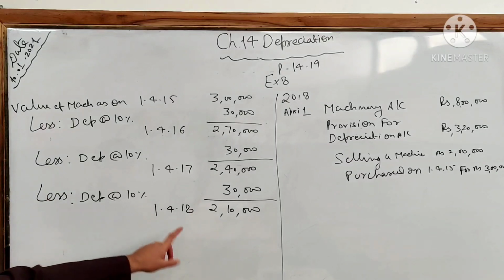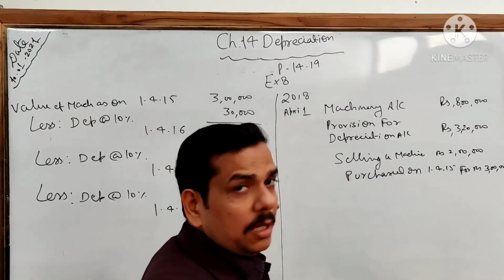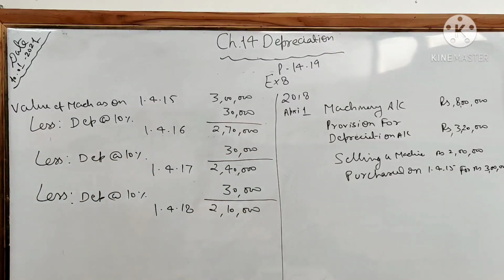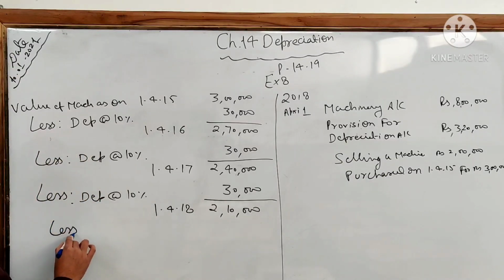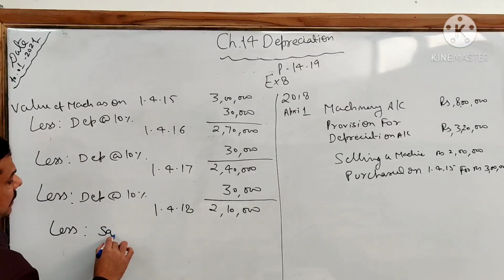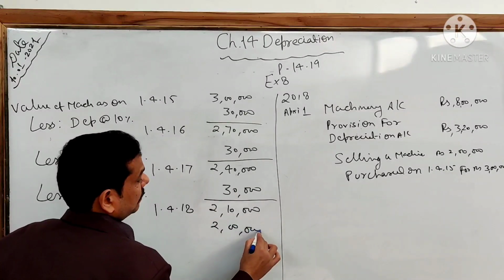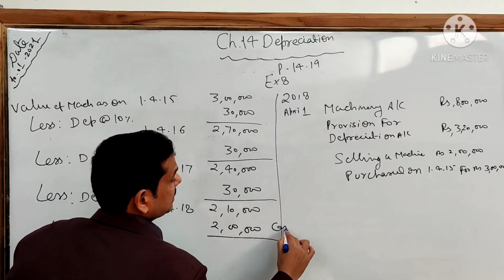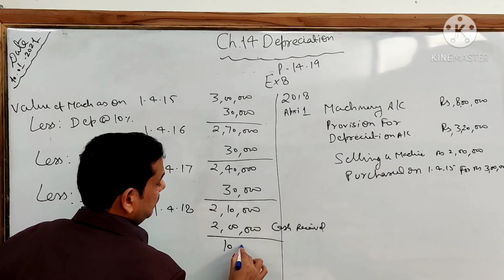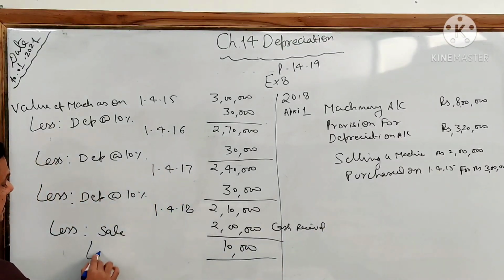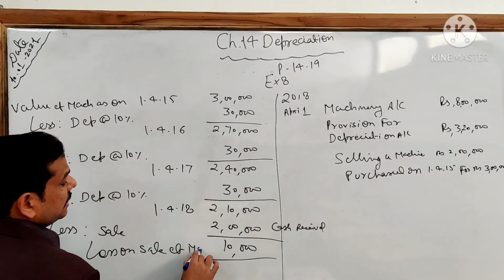Now on 1/4/18, the value of the machine is 2,10,000 and the machinery is sold for 2 lakh. So this means we have a loss of 10,000. Less sale 2 lakh, so 2 lakh is the cash receipt and 10,000 is the loss on sale of machine.